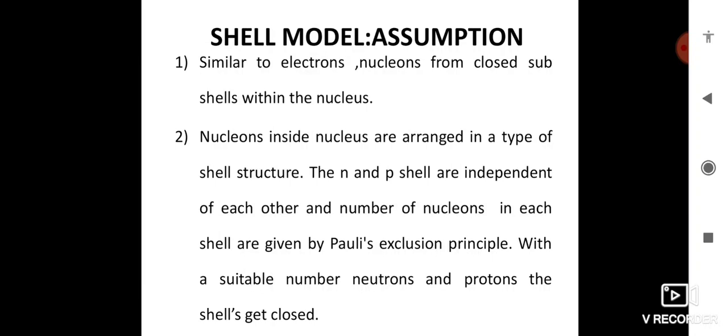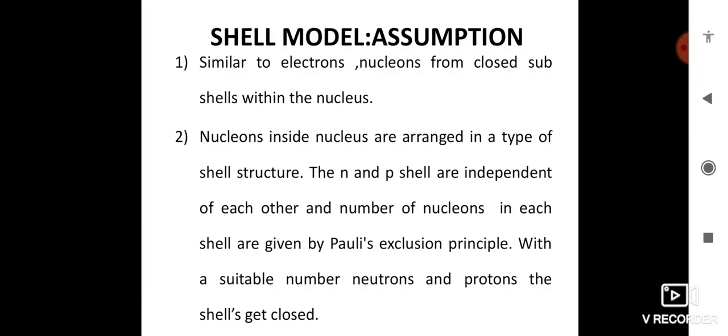The other magic numbers are obtained by assuming a strong interaction between the spin and orbital angular momentum of a nucleon. Depending on whether S is parallel to L or anti-parallel to L, J equals L plus S or J equals L minus S. If energy depends on J, then for each J there are 2J plus 1 different states, and the original arrangement of energy levels is modified.